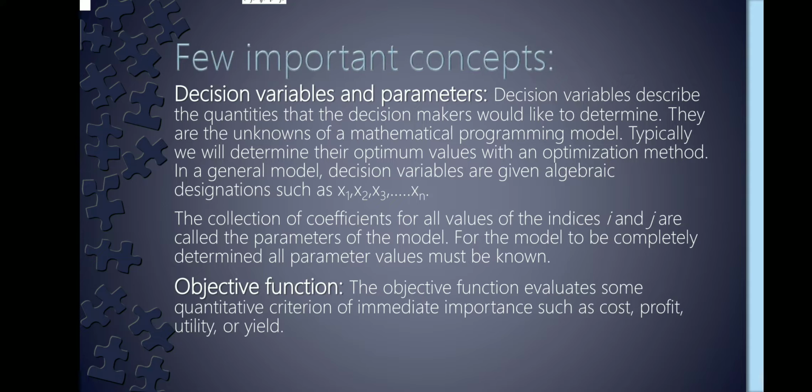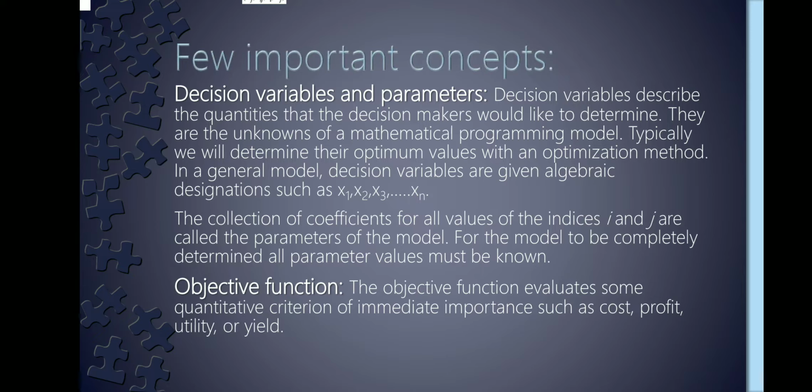Normally decision variables are the quantities the decision makers would like to determine, and they are determined with the optimization method.